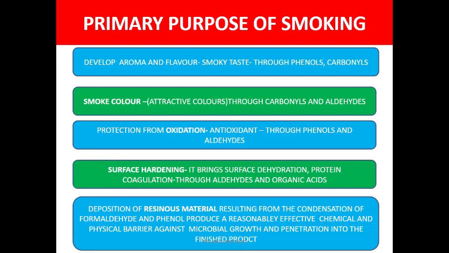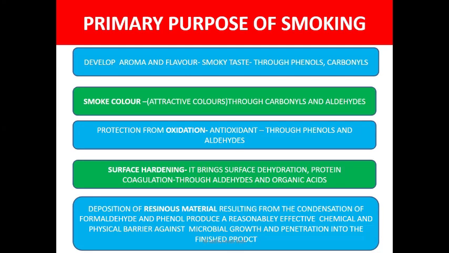Surface hardening: it brings surface dehydration. That is the acids. The acids that are present in smoke reduce the pH. So when the pH reduces, the water comes out of the product and the surface gets dehydrated. Protein coagulation takes place on the surface, so the surface becomes hard.